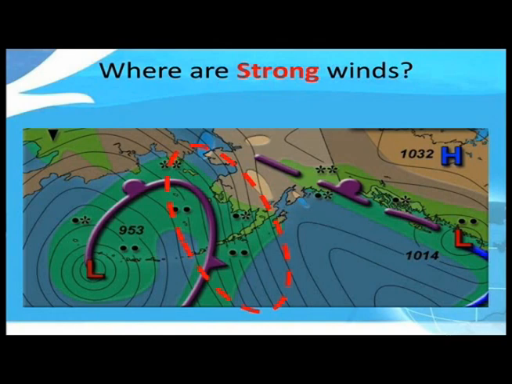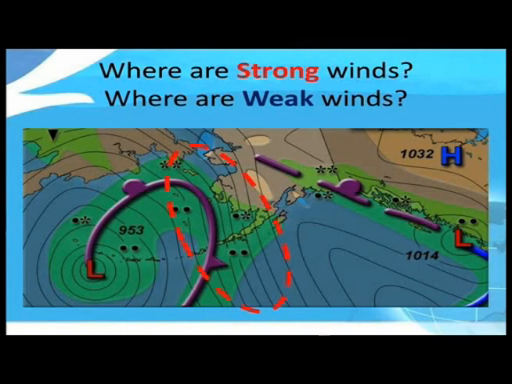There seems to be fairly strong winds around this low pressure center. We go all the way over near British Columbia. There seems to be some fairly strong winds around the south side of this low pressure center as well. But this is the largest area here where this occlusion or weather front is moving up north over western Alaska.